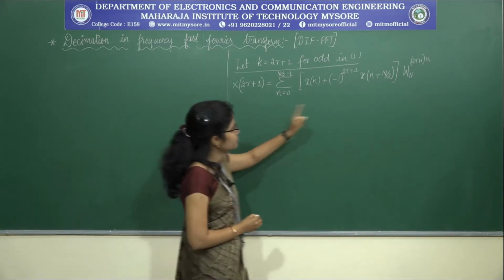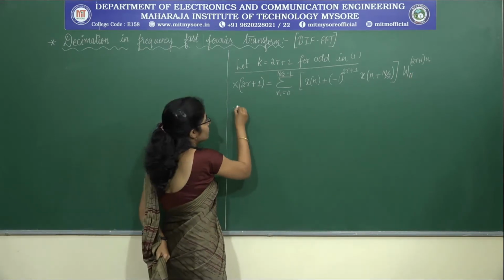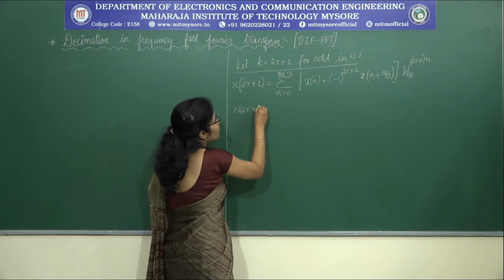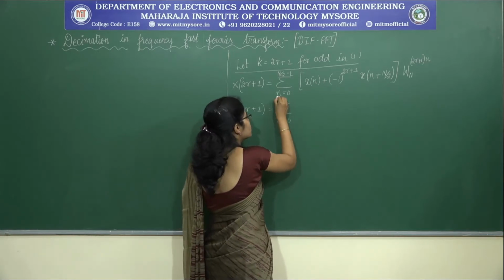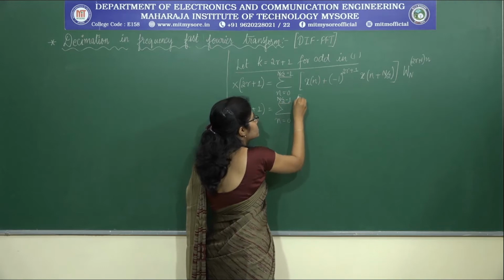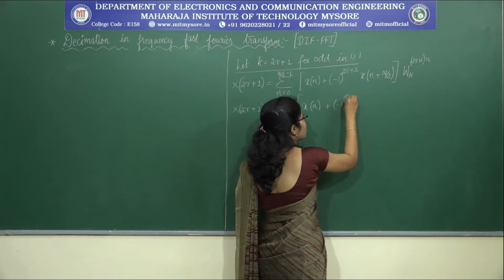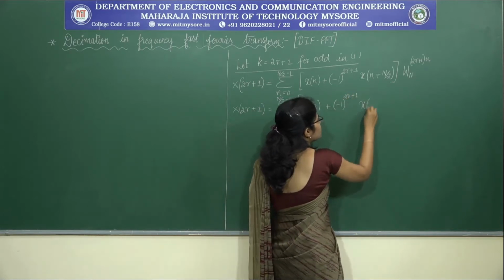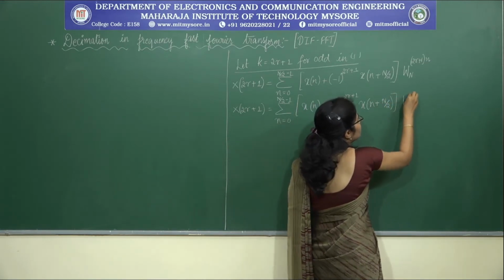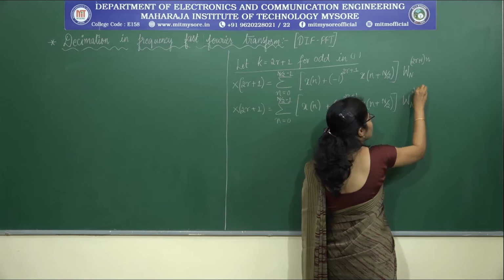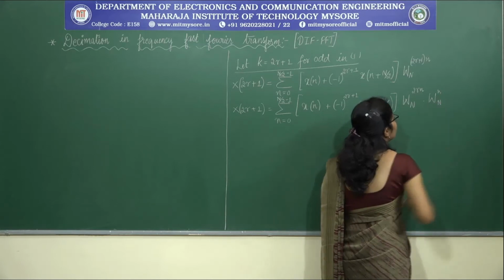So, if I simplify this, the first thing which I can do is write this omega term separately. So, the equation will be x of 2r plus 1 which is equal to summation n ranges from 0 to n by 2 minus 1 into x of n plus minus 1 to the power of 2r plus 1 into x of n plus n by 2 into omega n to the power of 2rn into omega n to the power of n.